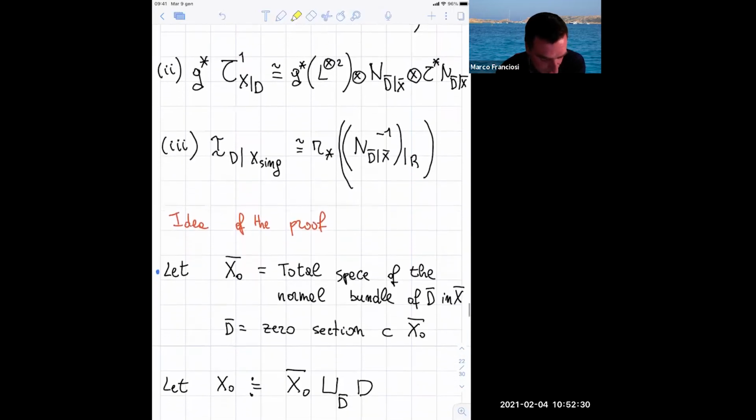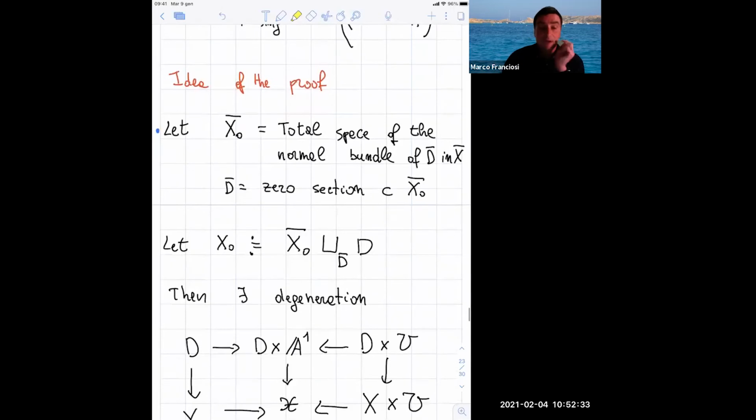What is the idea of the proof? We take X0 bar, the total space of the normal bundle of D bar in X bar, and we may see D bar as the zero section of the normal bundle. So now we consider a new variety. X0 is given as X0 bar glued along the map from D bar onto D. So we glue this time the normal bundle.